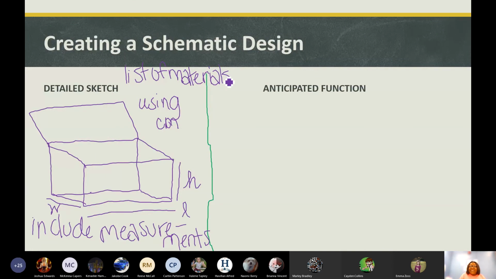The anticipated function, pay close attention here. This is the writing portion.